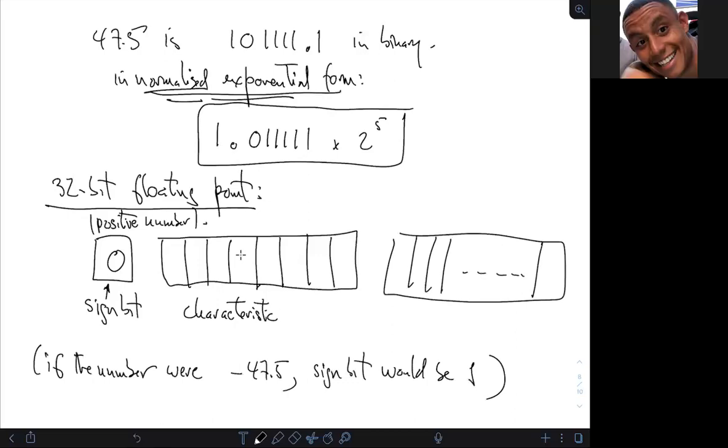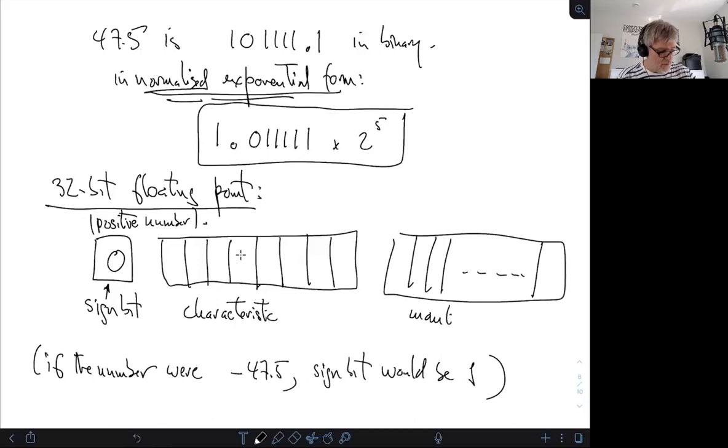So this is the characteristic, and this is what we call the mantissa. Okay, this is 8 bits. And this is the remaining bits, so that's 23 bits. Okay, I'll do it also for the so-called mini float after. It's the same principle, but with fewer bits, okay?